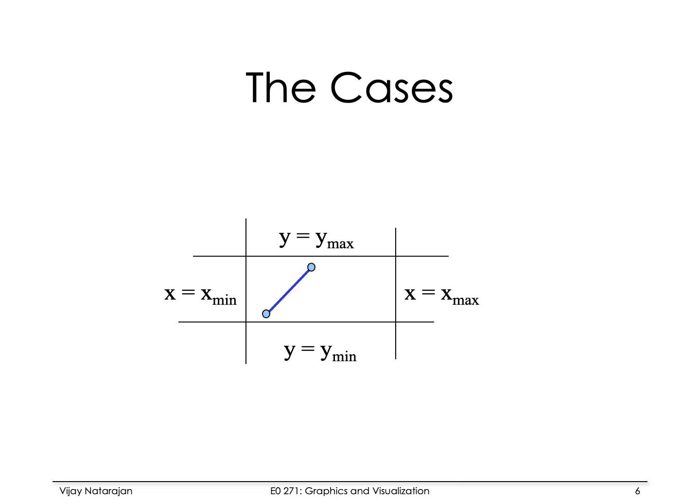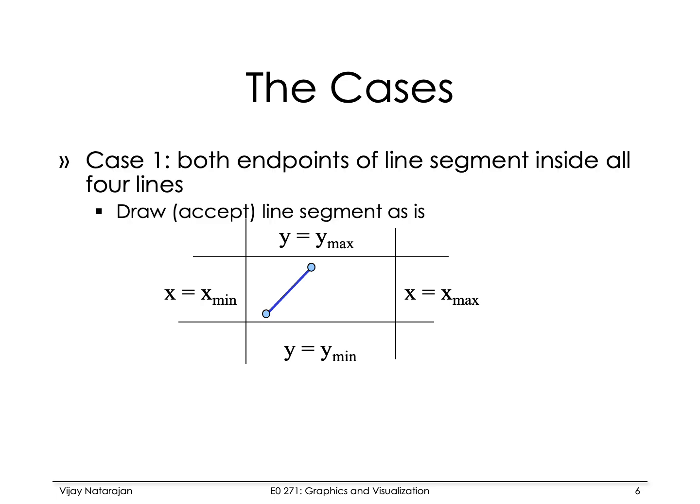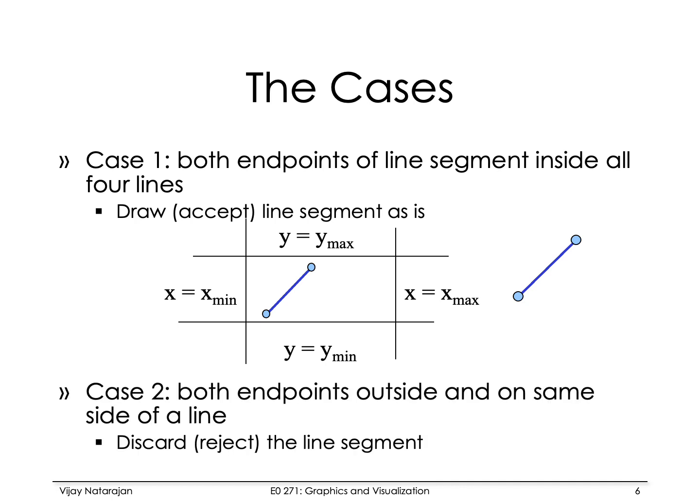Cohen and Sutherland identified different cases and gave a recipe for handling each case. Case 1 is where both endpoints of the line segment lie inside all the four lines. So in this case, we naturally would like to draw the entire line segment. Case 2 is where both endpoints lie outside and on the same side of one of these lines.